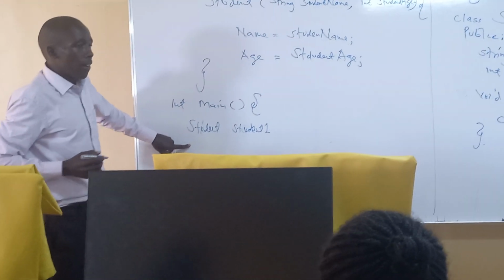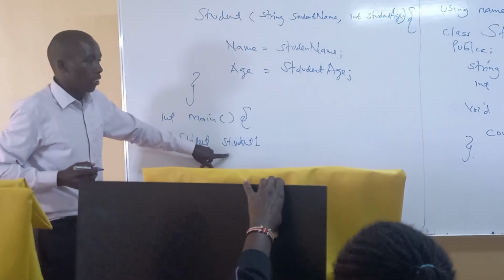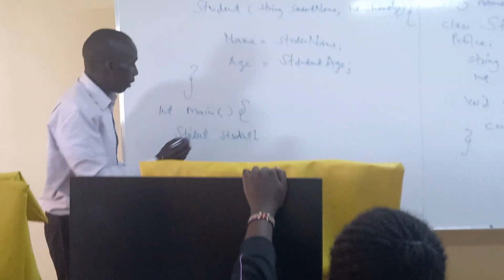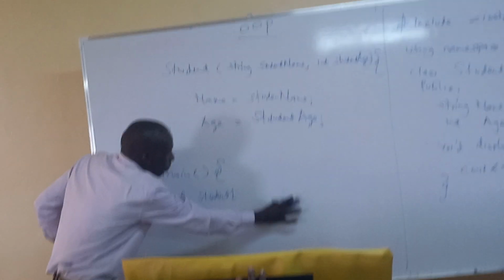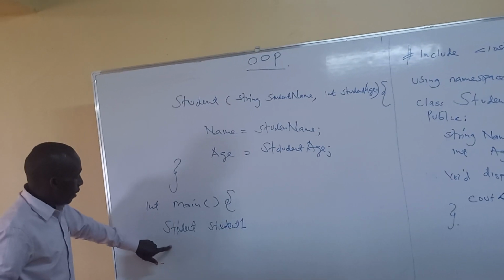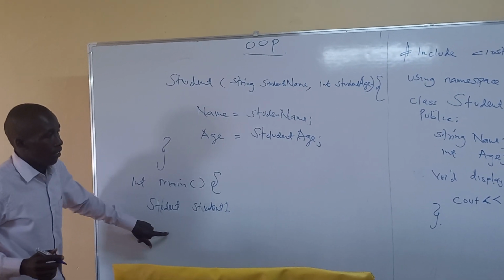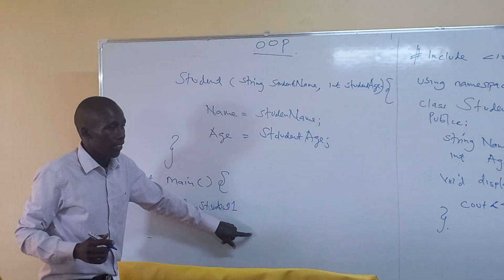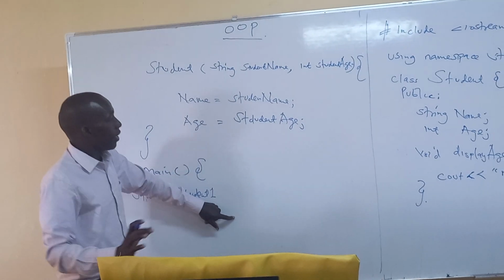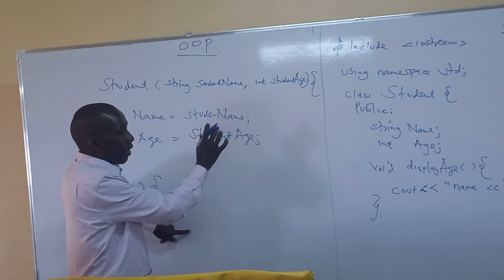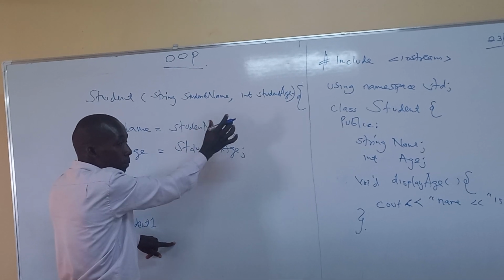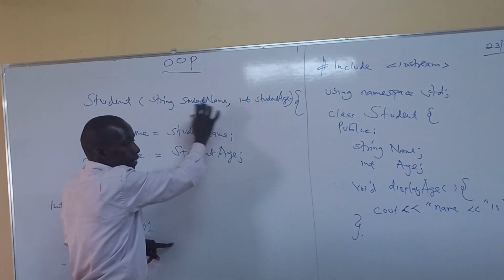And in this case, we have created an object of student 1. Now, instead of saying student 1 to display name, student 1 to display age, we pass some arguments to satisfy parameters.